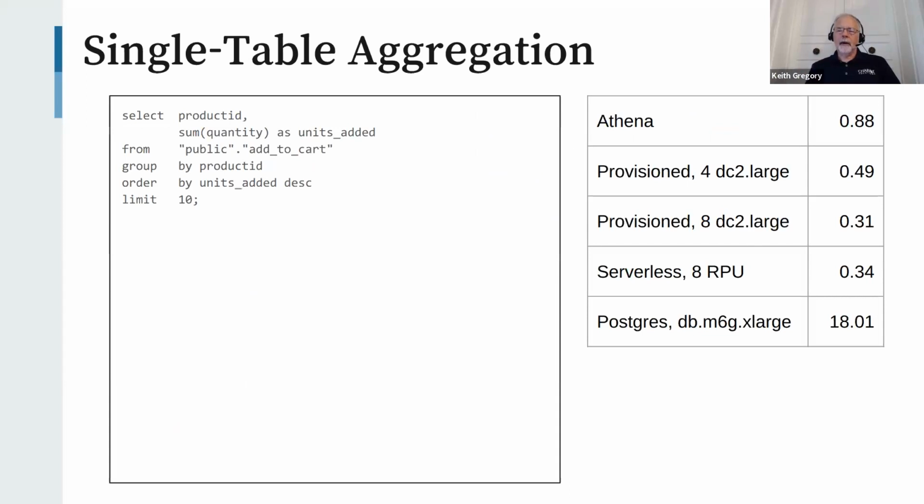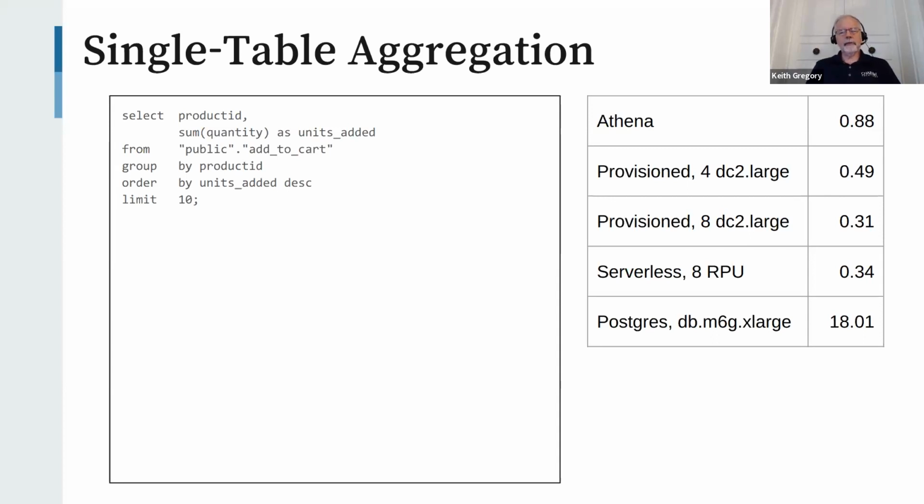For my performance characteristics, I dive into this much more in the blog posts that I've pulled this out of. I have a couple of different platforms that I ran it on. First off, Athena, and I'm using Parquet files for this data. So Athena took under a second to do this, scanning 60 million rows and aggregating.